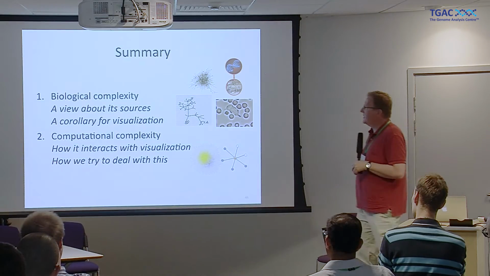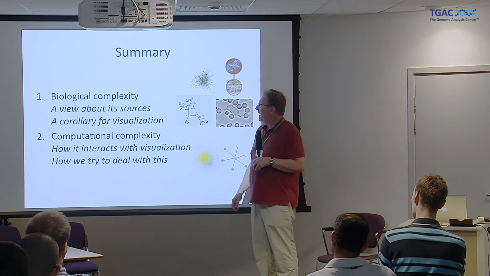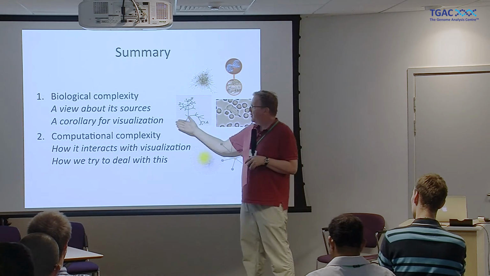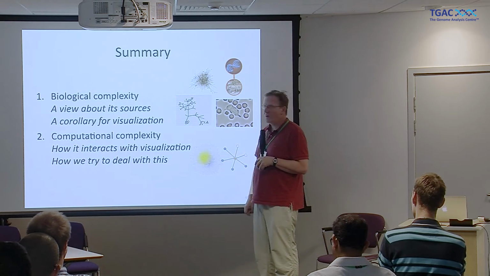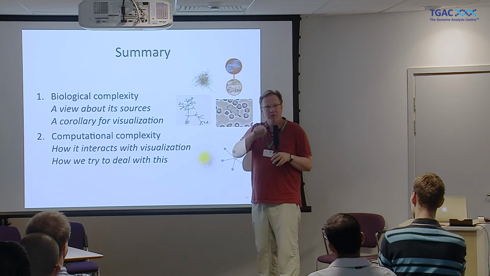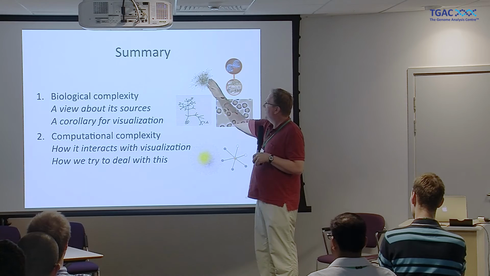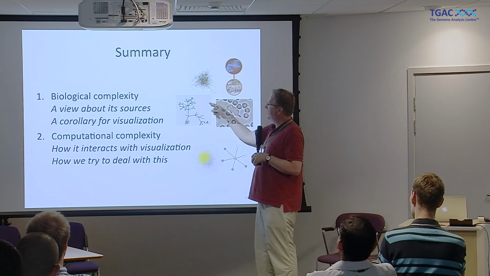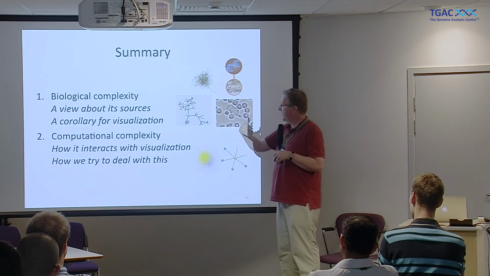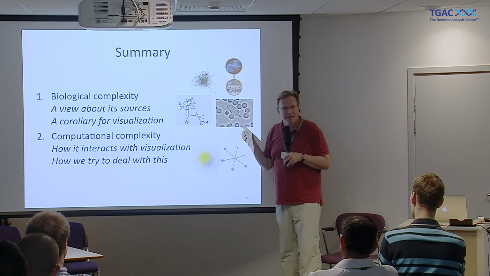So to summarize my talk, I tried to make links between visualization and complexity. In the first part, I've tried to suggest to you that maybe this complexity can be decomposed into different sources: networks, the hierarchy, the evolution between much of the data that we connect, and dynamics.